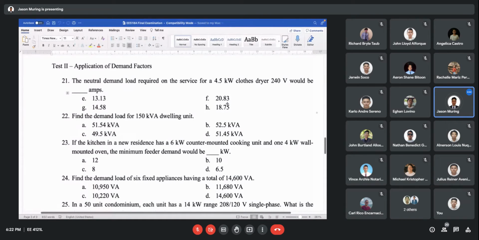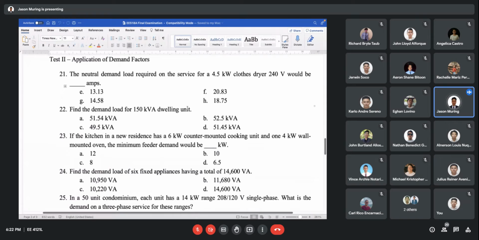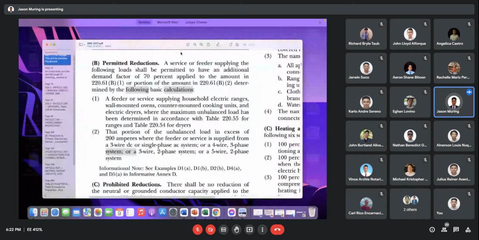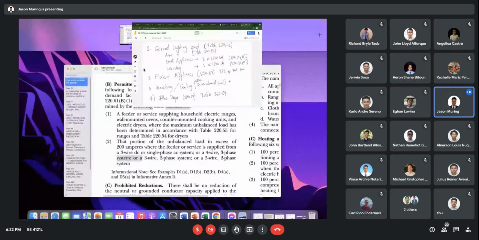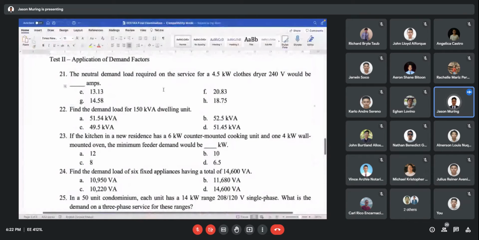Again, we still have that choice or option, 18.75. If you forgot the section that requires it, you have to use either 5,000 or whichever is greater than the nameplate. You will end up having this answer, 18.75.